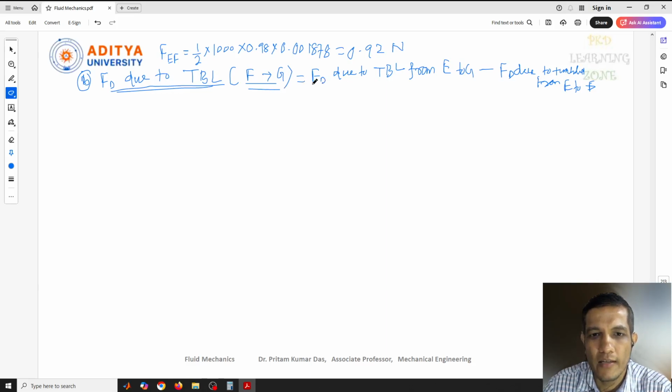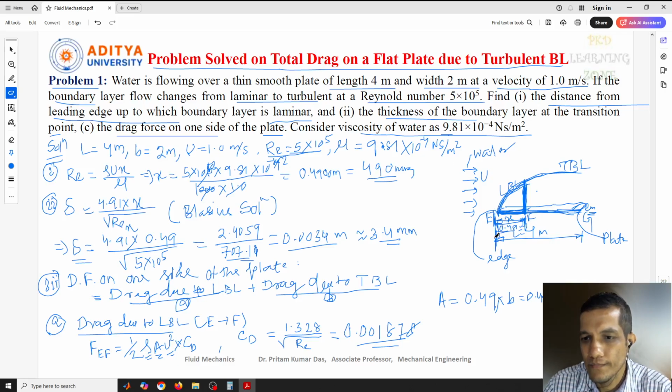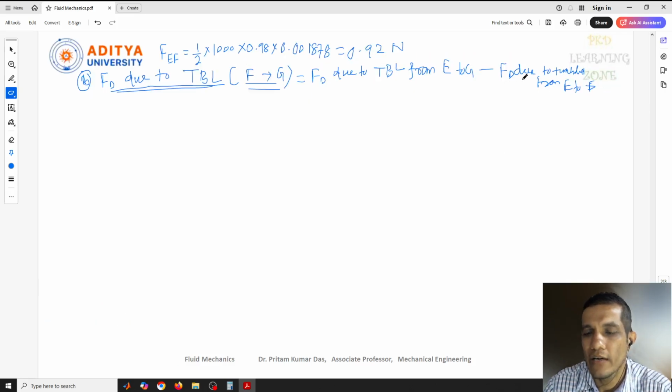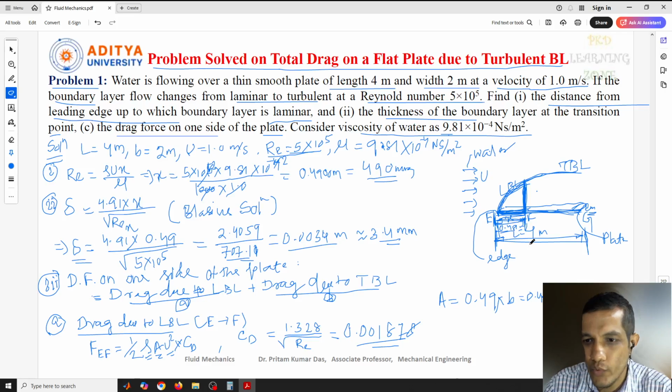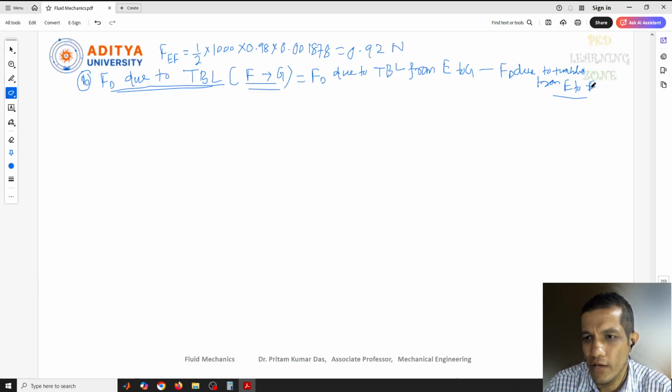It can be calculated as the drag force due to turbulent boundary layer from E to G, from the leading edge to G point, where you consider that the turbulent boundary layer started from here by neglecting the laminar boundary layer, minus the drag force due to turbulent at the E to F point. Okay, E to G and E to F, this is correct.